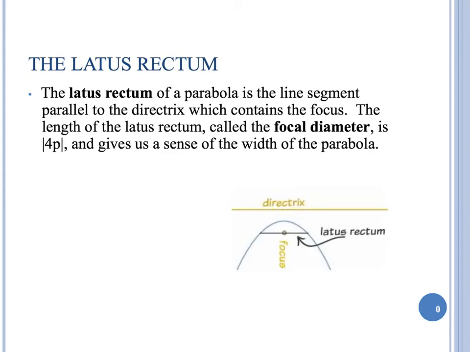The length of the latus rectum is the value of 4p. However, whatever that width is, so it's a length, it has to be a positive value. That's how wide our parabola is at the focus. So let's go back to the previous slide and figure out how wide our graph was supposed to be.